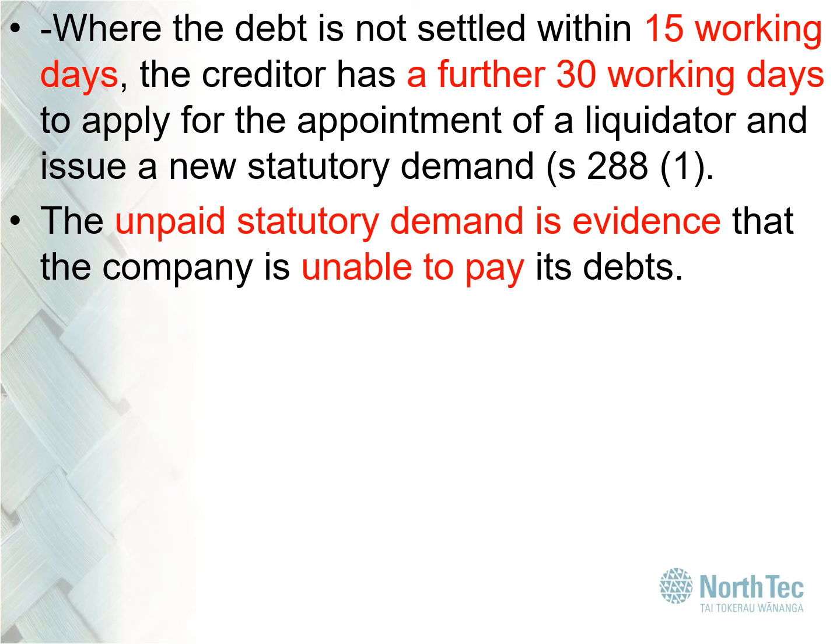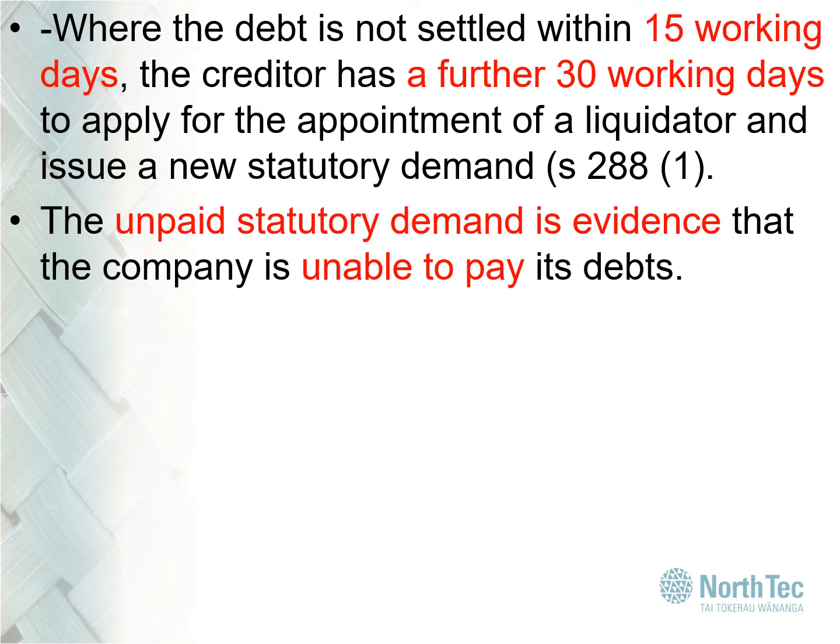So we've seen that the statutory demand will be served, and then that company's got like 10 days to respond. And where the debt is not settled within 15 working days, the creditor has a further 30 working days to apply for the appointment of a liquidator and issue a new statutory demand according to Section 288(1).